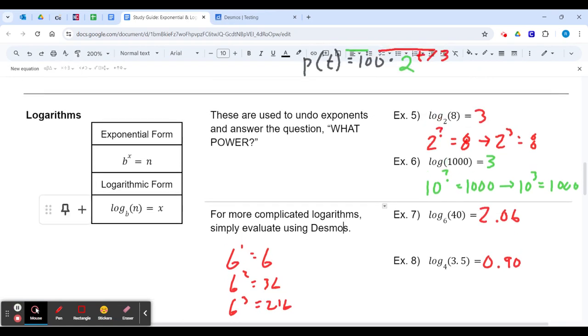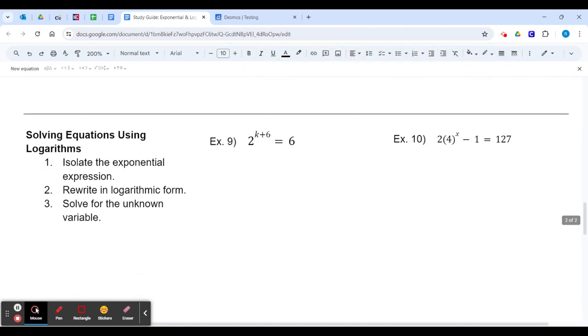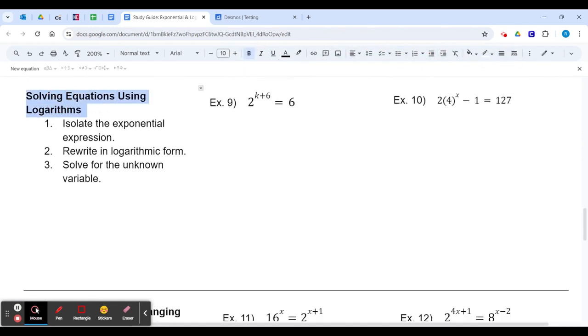It is very unlikely that we get asked a question just with this base idea of what a logarithm is. More often than not, we're going to be using these logarithms to solve some equations. So just like a lot of our other special solving, we want to start by isolating our expressions, and then we can do our special step, which in this case is rewriting in logarithmic form. So I'm going to bold that for you on your notes.